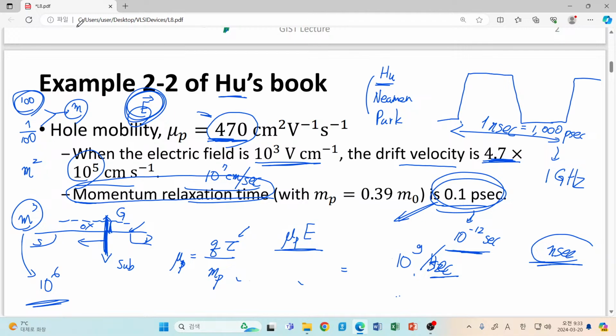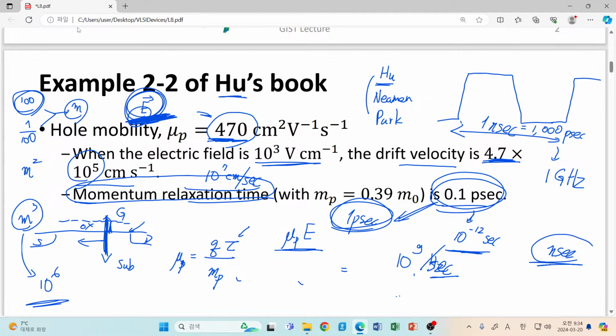So if your hole takes 10 scattering events after 1 picosecond, then its state will be relaxed to that dictated by the new electric field. That's the reason why I'm saying that our momentum relaxation time is closely related to the ability to react to a newly built electric field inside this system.